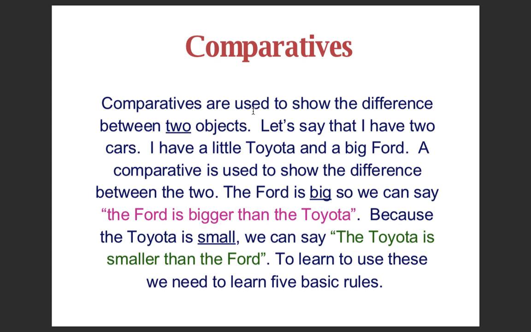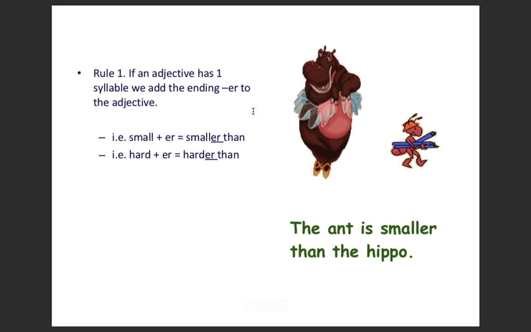So in order for us to learn comparative adjectives, there are 5 rules that we need to follow. Rule number 1. If your adjective is one syllable, for example big, small, fat, thin, these are all one syllable adjectives. When you have a one syllable adjective, you need to make sure that the ending of the adjective is added with er.